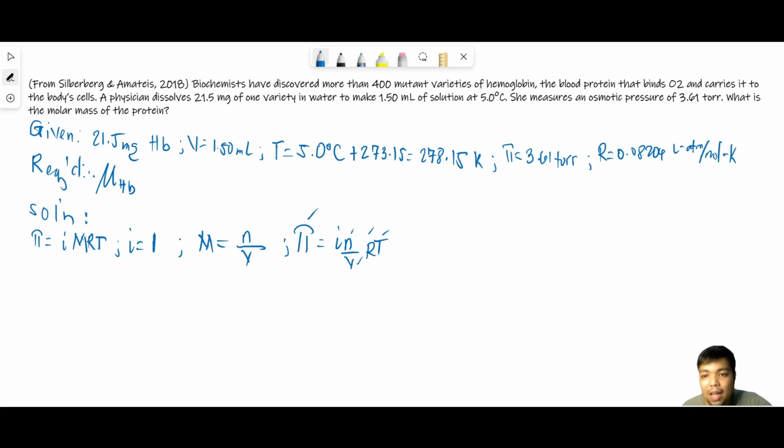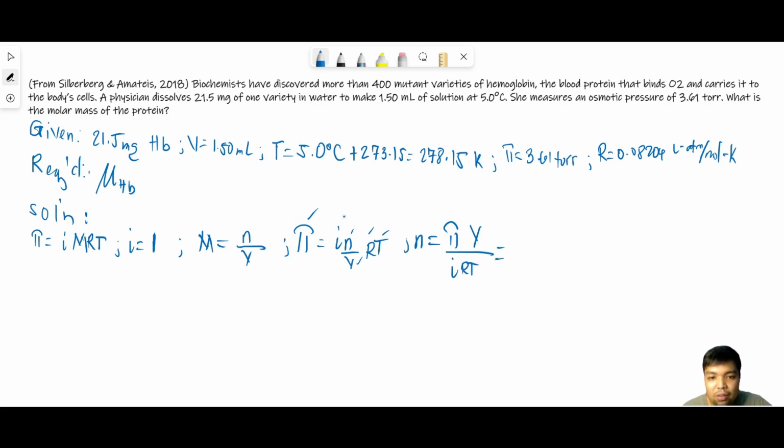In order to determine the molar mass of hemoglobin, we need to know how many moles of hemoglobin were used in this problem. So we rearrange the equation such that only n, the number of moles, is on one side. Therefore, n is equal to pi V over iRT.